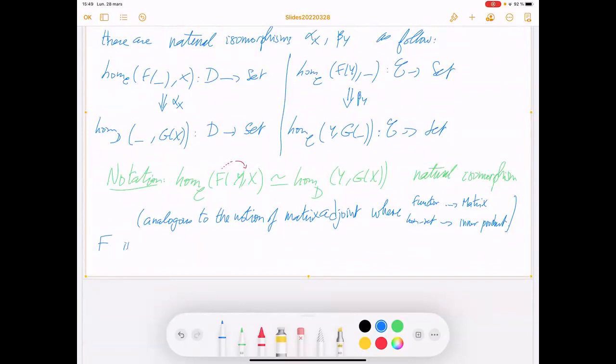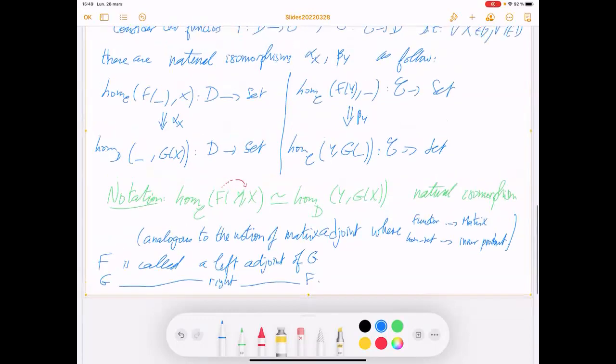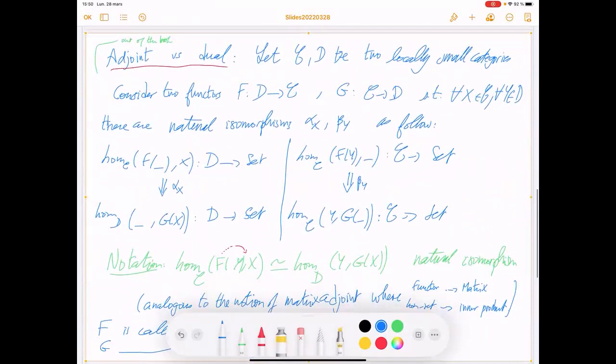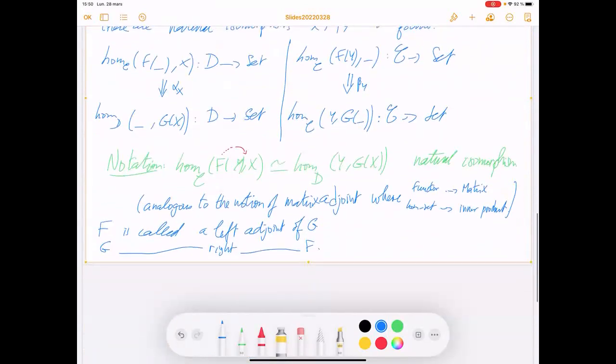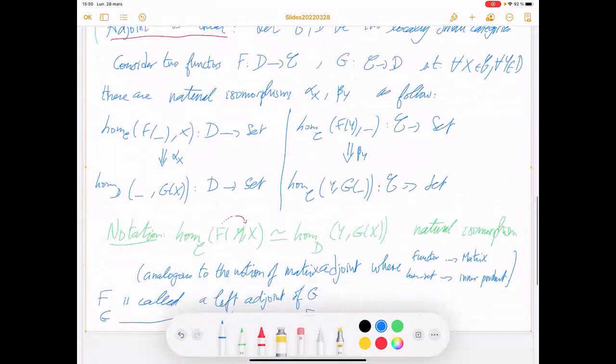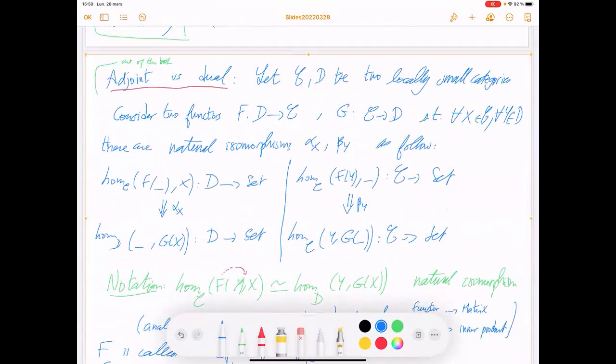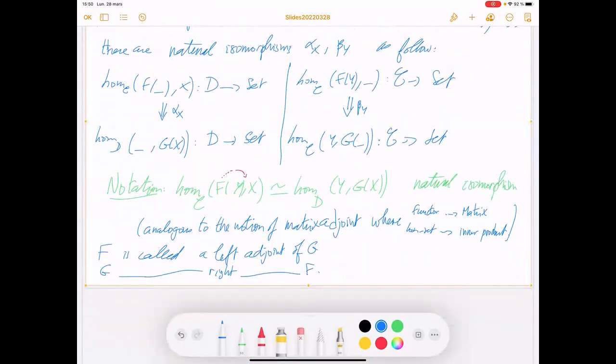So F is called a left adjoint of G. G is called a right adjoint of F. So this is a definition for left and right adjoint.